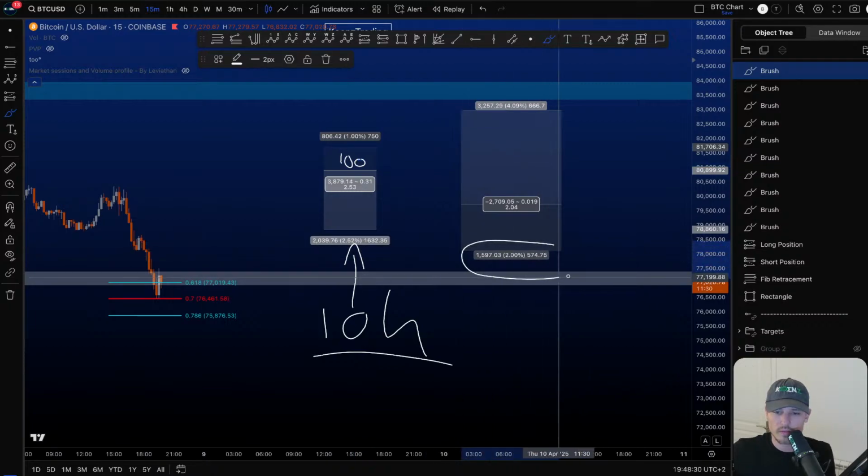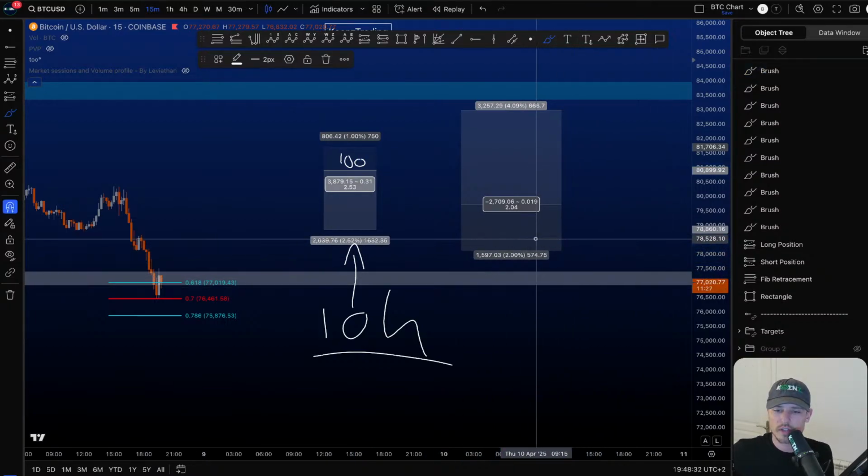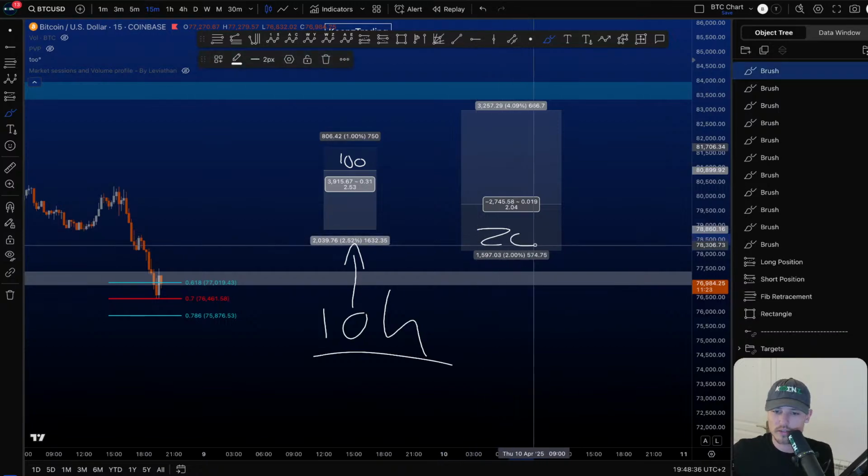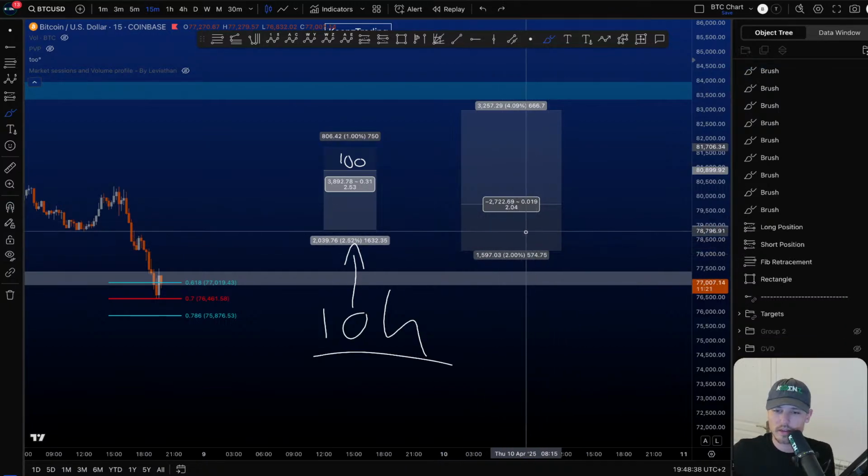Now, even though my stop loss is longer, I am not risking $200 here. Instead, my position size goes down by 50%. This position size is 10K.